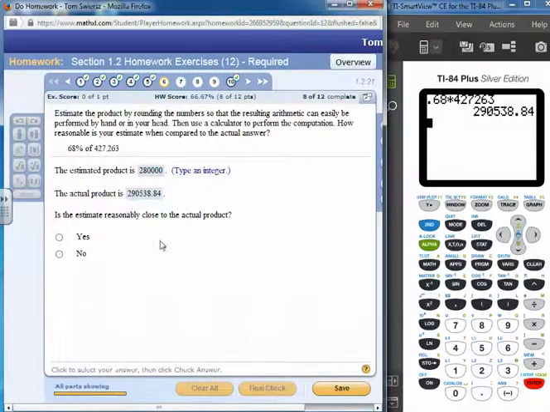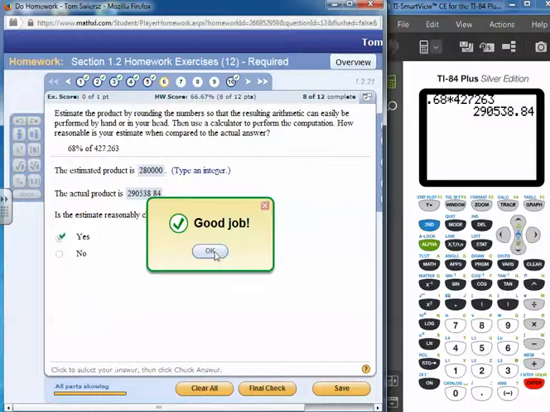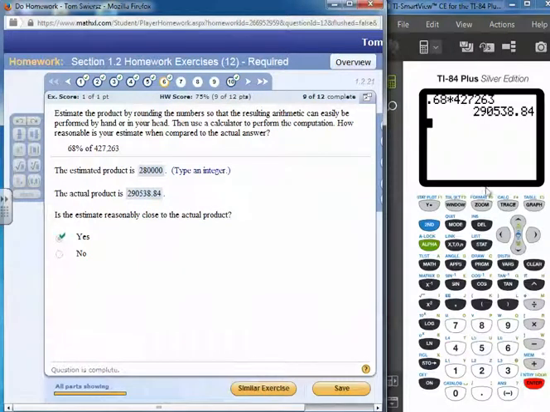Put in all the decimals. Is your estimate reasonably close? Yeah, we're in the hundreds of thousands, and we're only off by a little more than 10,000. So I definitely say it is reasonably close. In this case, whatever decimals you get, put in your decimals, and that should get you correct.